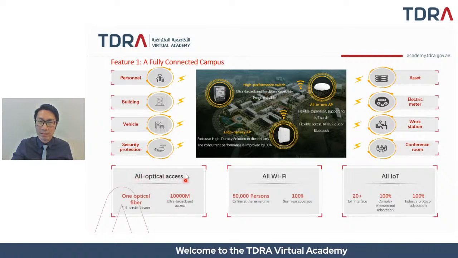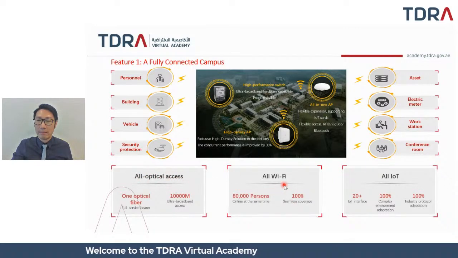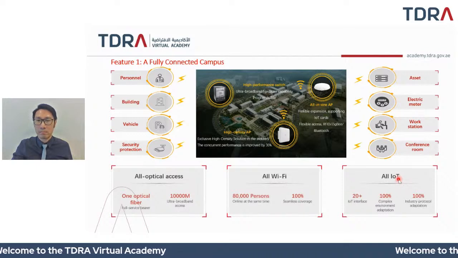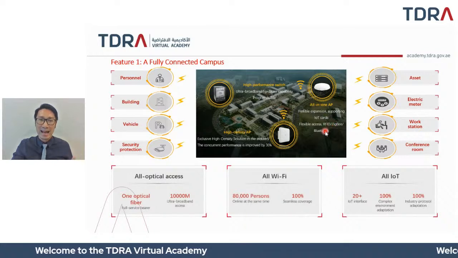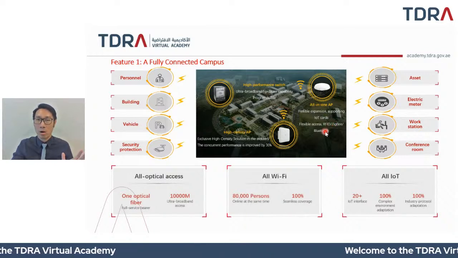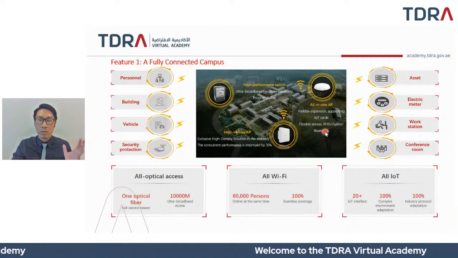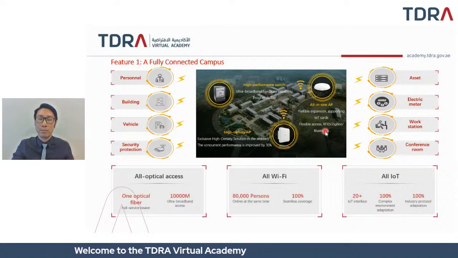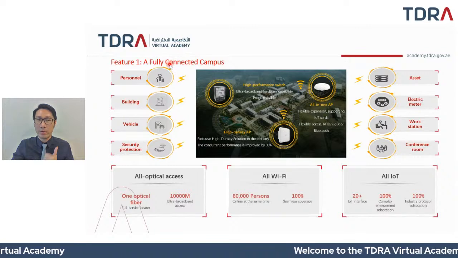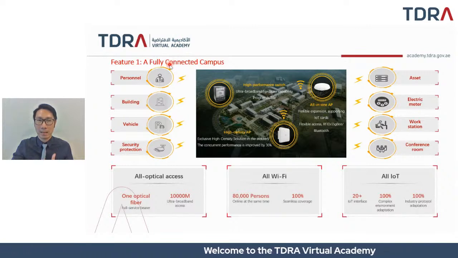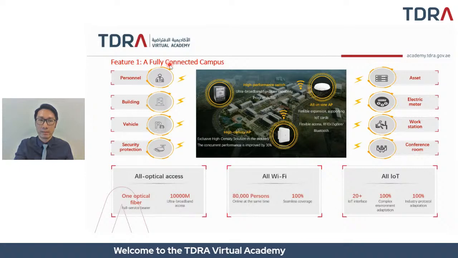We have optical access, Wi-Fi, or IoT. We can use 4G, 5G, and even if the device supports only Zigbee or Bluetooth, no problem, as long as they provide the connections. Once we have the connections, then we can start to improve the whole process. So this would be the first requirement for a smart campus: a fully connected campus.